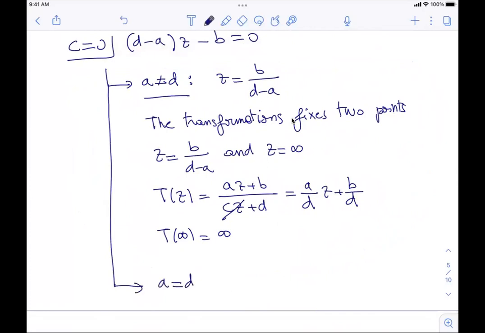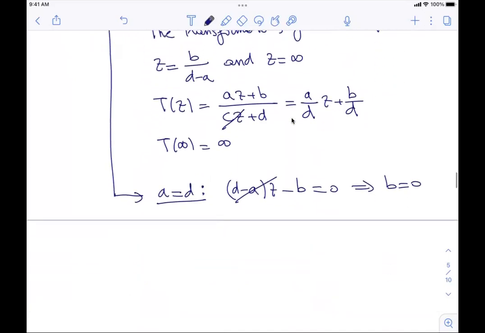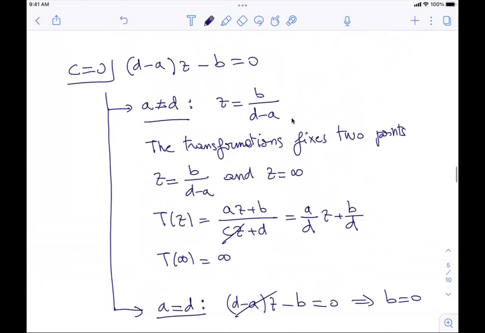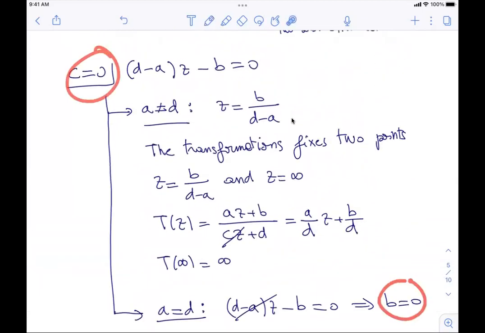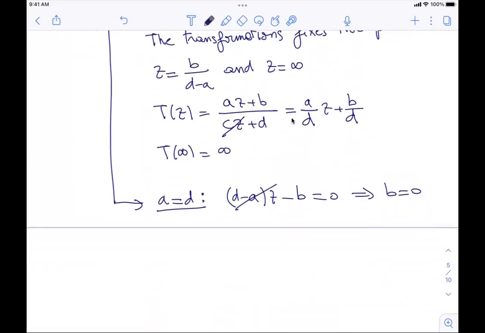All right, the second case is what? a equals d. Okay, so in this case, things get easier, but also a little bit strange, right? Because this term is 0, so then b is also 0. So, okay, lots of things happen now because we have c = 0, b = 0. So T(z) is (az + b) divided by (cz + d).